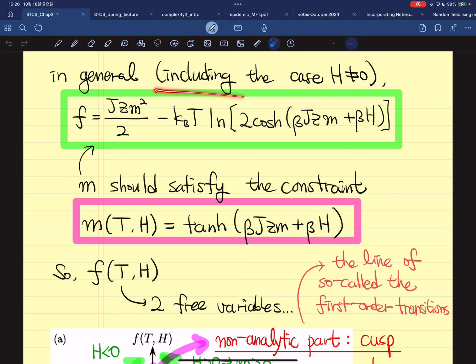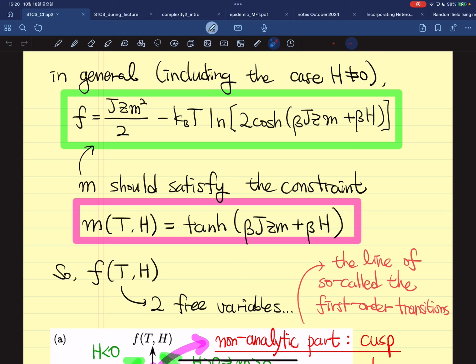Of course, in general, if we now re-enter this H term, we have this free energy per spin. And in this case, M should satisfy this constraint.